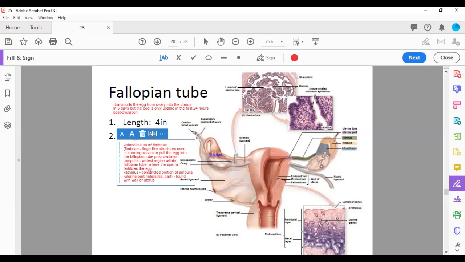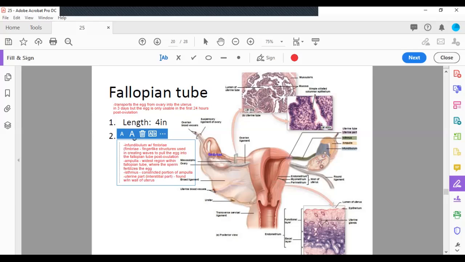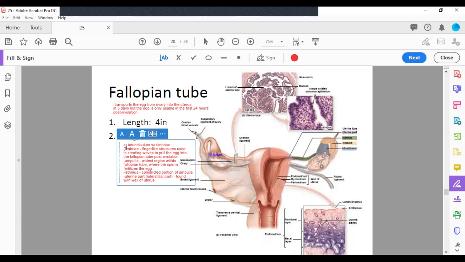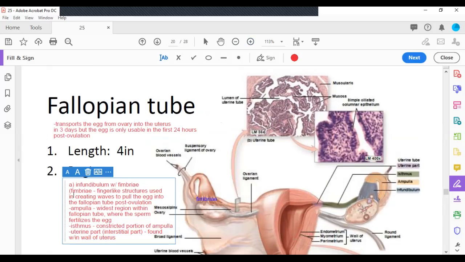So once again, these are the four regions. The fallopian tube divides into four portions. The first portion is known as the infundibulum. This region is proximal to the ovary. The second region is known as the ampulla.